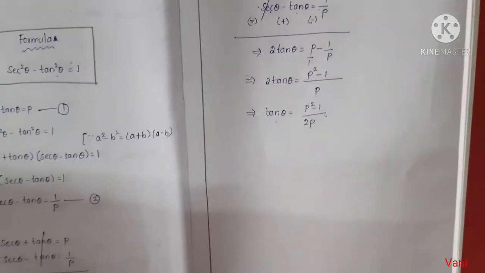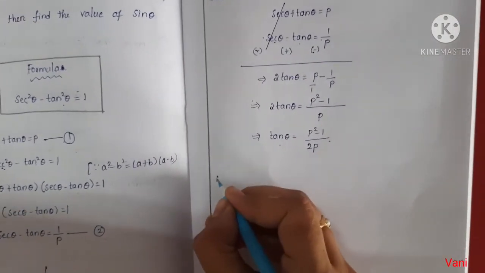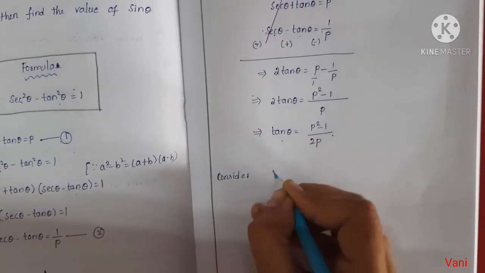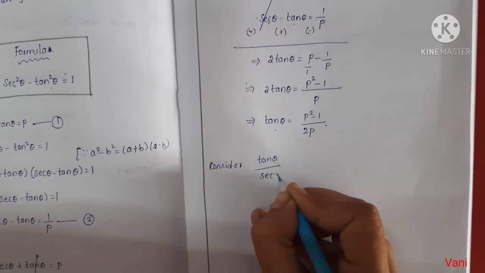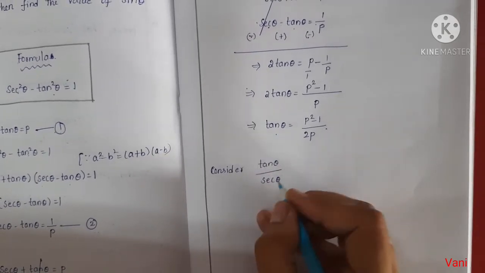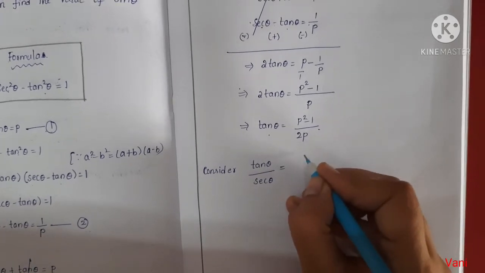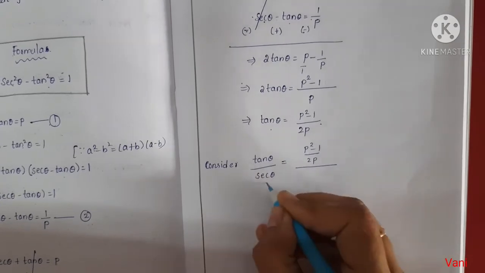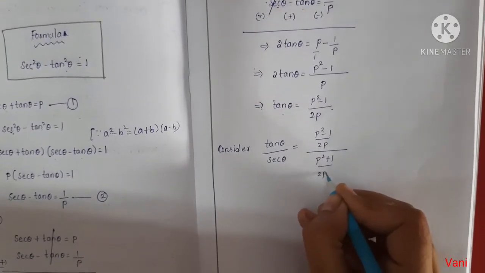Now we got secant theta and tan theta. Now consider tan theta by secant theta. Tan theta value p square minus 1 by 2p, by secant theta value p square plus 1 by 2p.